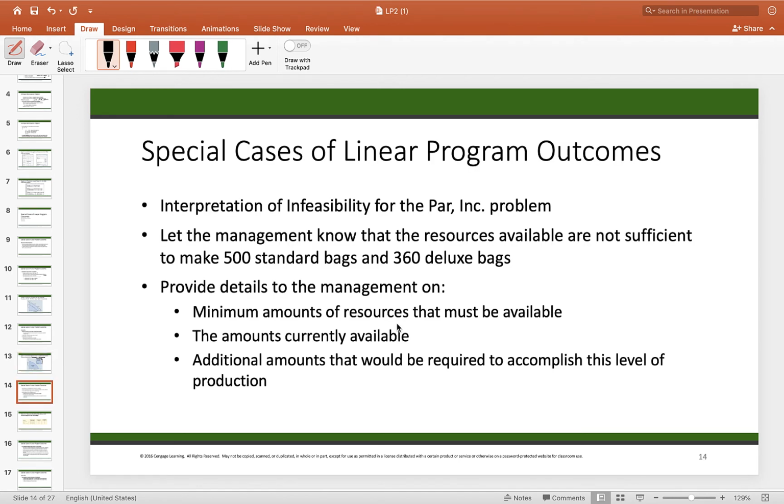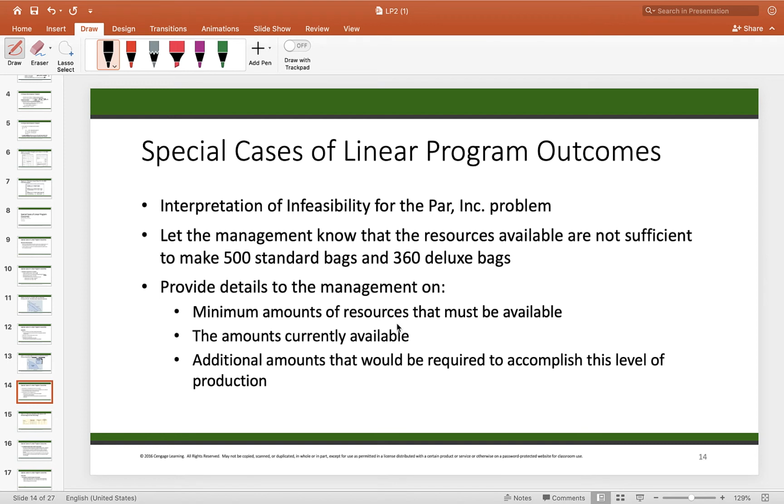So basically, it could be that you don't have sufficient resources. And that's what it looks like in this particular problem that we're working on. And we could make the management aware. We don't just give up. We can make the management aware and tell them, look, this worked before you put on the constraints of requiring 500 standard minimum and 360 deluxe bags minimum.